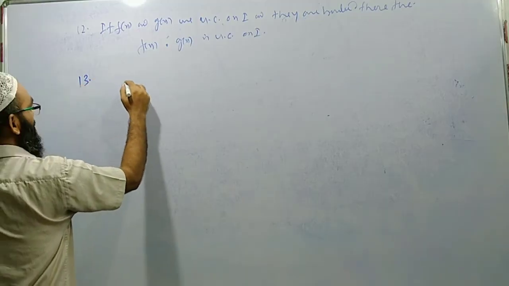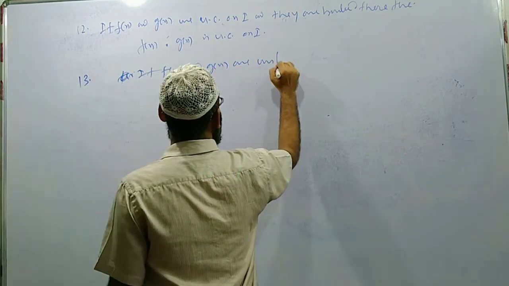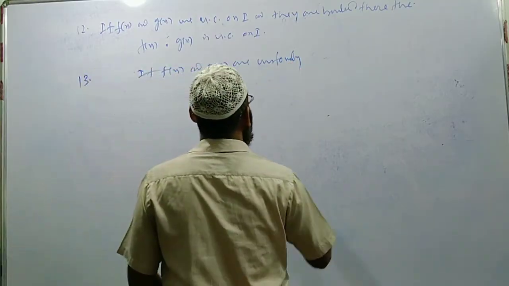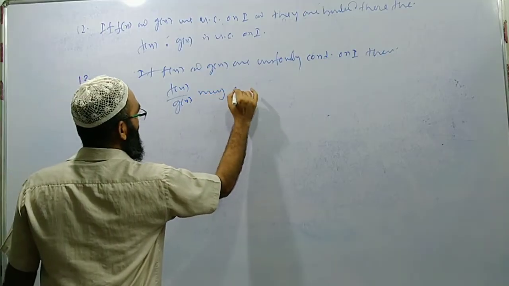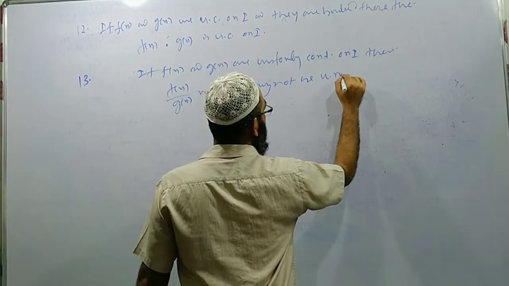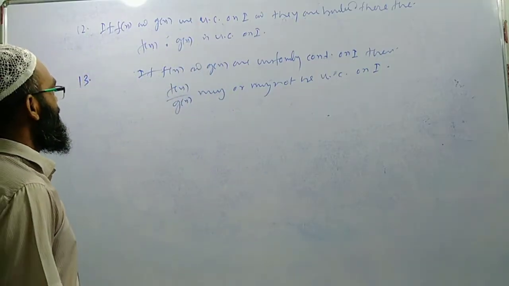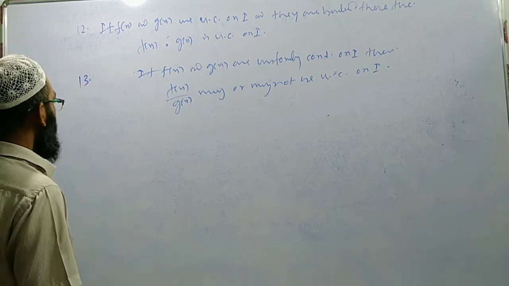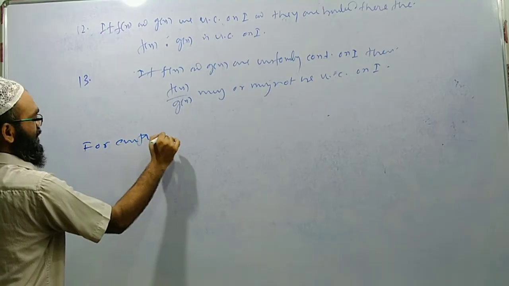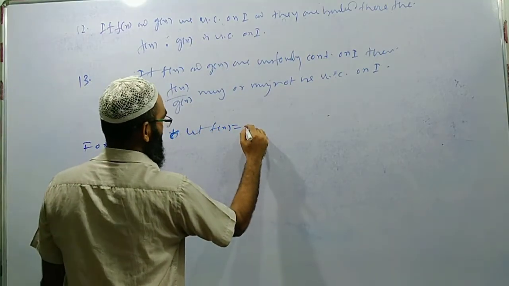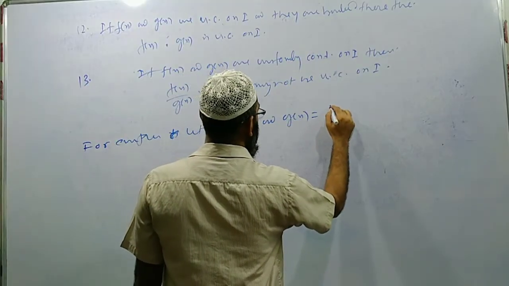Similarly, if f(x) and g(x) are uniformly continuous on I, then f(x) by g(x) may or may not be uniformly continuous on I. Here, let f(x) equal to 1 and g(x) equal to x.